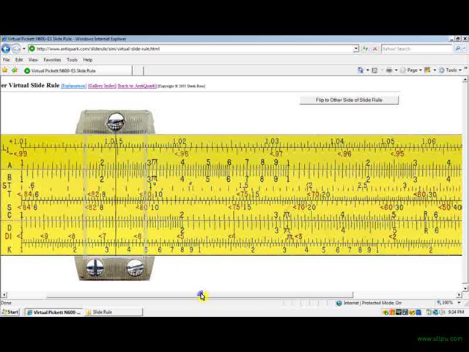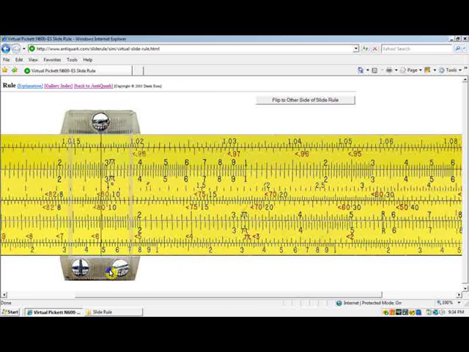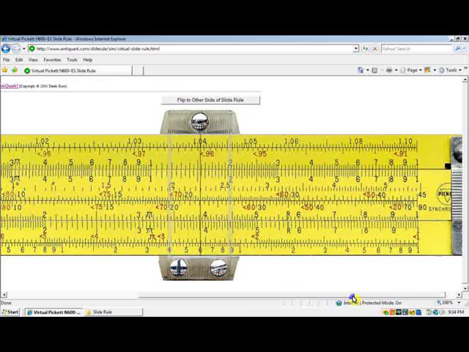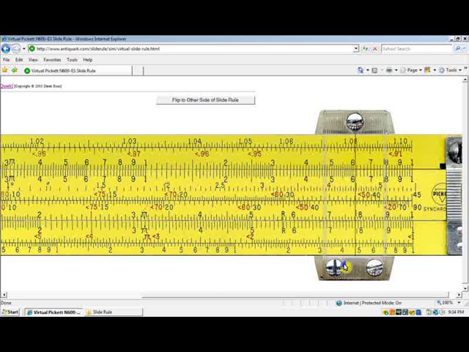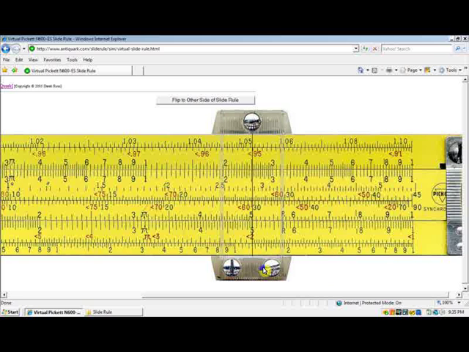If we want to take the square root of 64, all we have to do is go up here and grab our 64 and read down here. This is 64 right here, and that lines up with 8. And if we want to take the square root of 25, that should line up with 5.